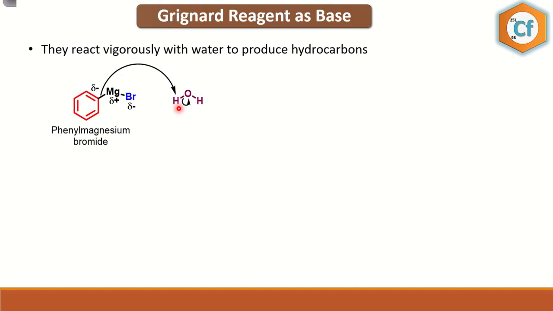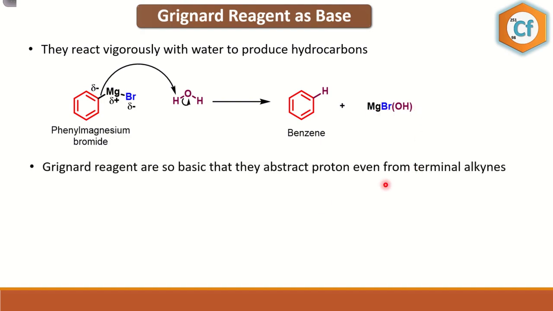So phenyl magnesium bromide is acting as a base here. On attacking here, it will produce benzene, which is a hydrocarbon, and this MgBr gets attached to the OH negative that is released on the attack. So we'll get MgBrOH as a byproduct.